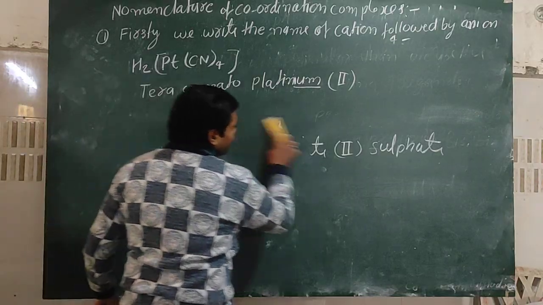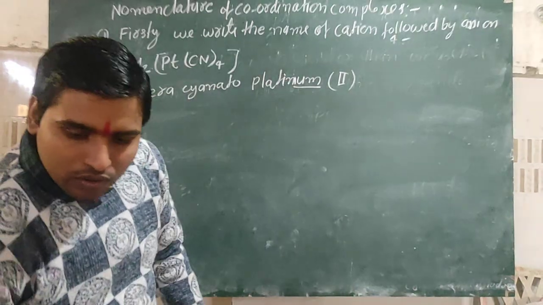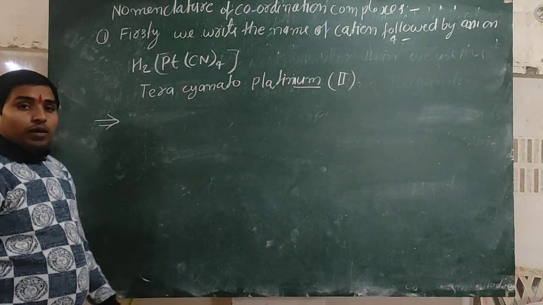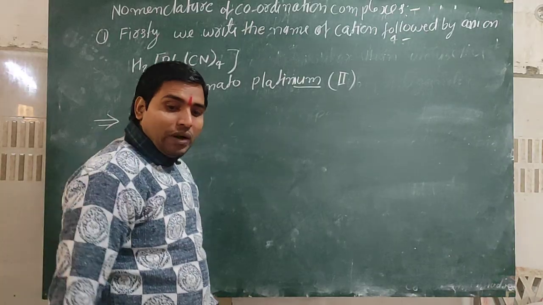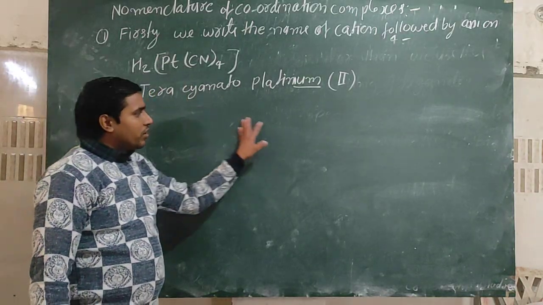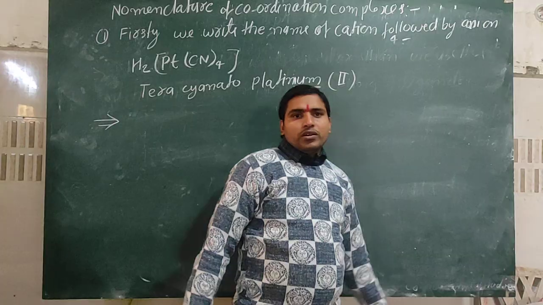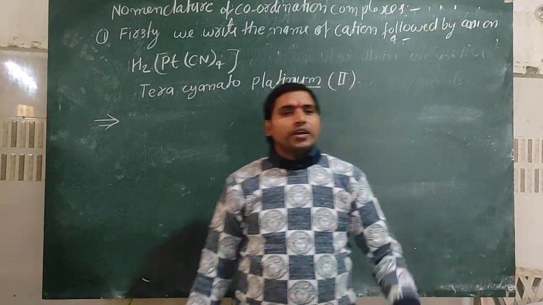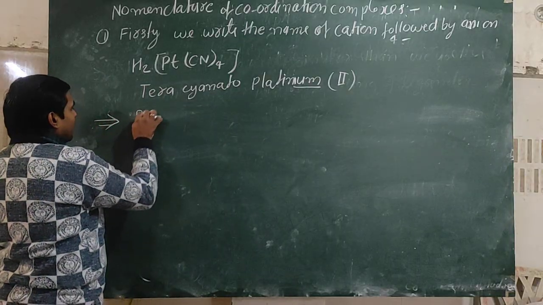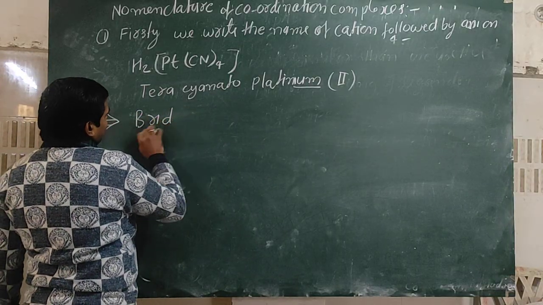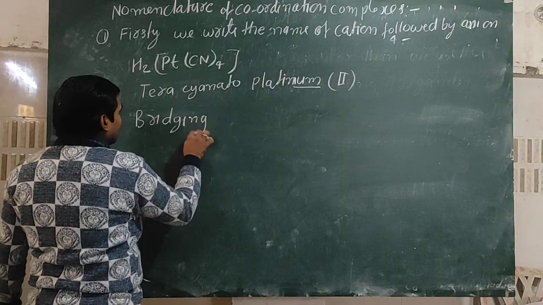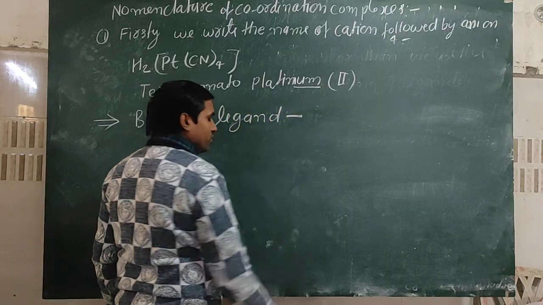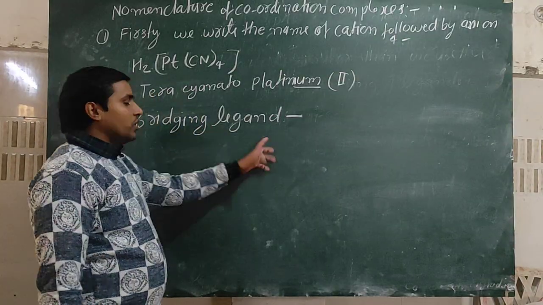Another rule is that if any complex compound has bidentate ligands, tridentate ligands, tetradentate ligands, or bridging ligands, firstly it is very necessary that you know what bridging ligands are.